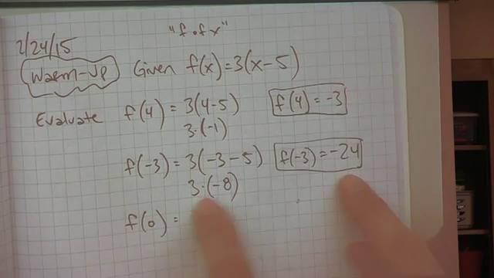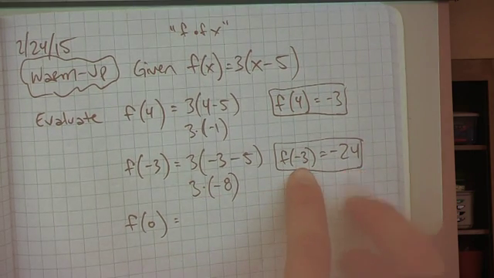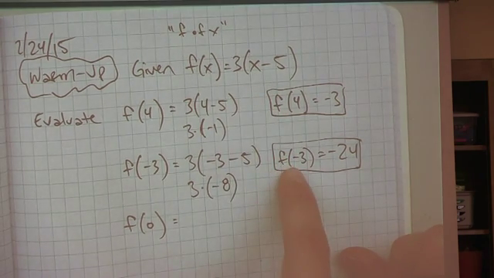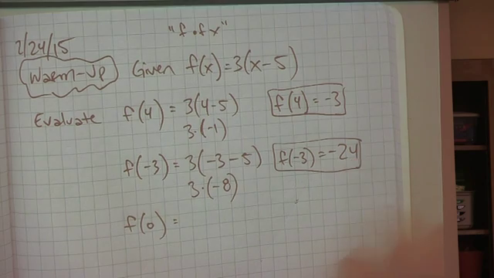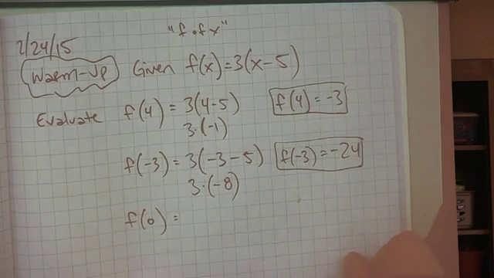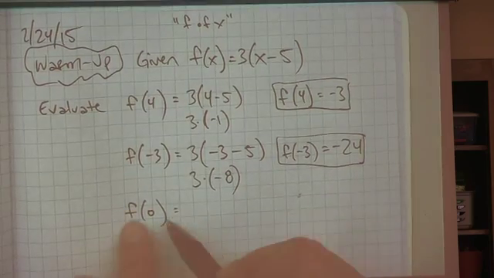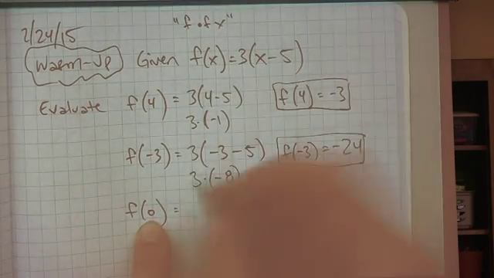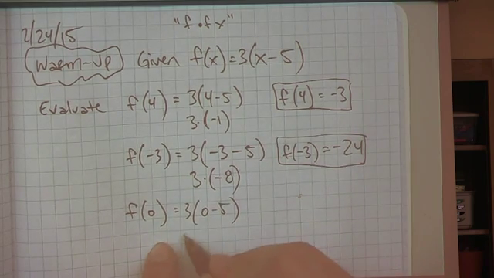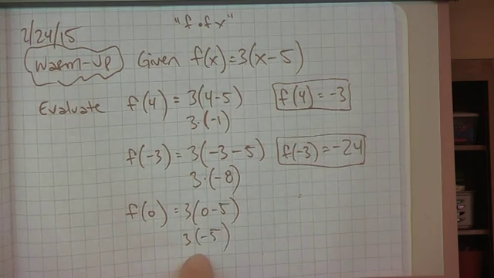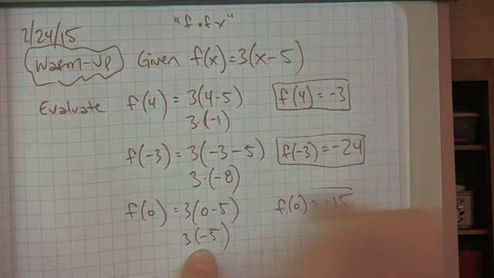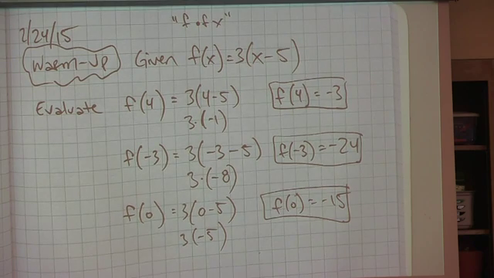So this says if I plug in negative 3 for x, I get out negative 24. And for the last one, plugging in 0: 0 minus 5 is negative 5. 3 times negative 5 is negative 15. That's it.